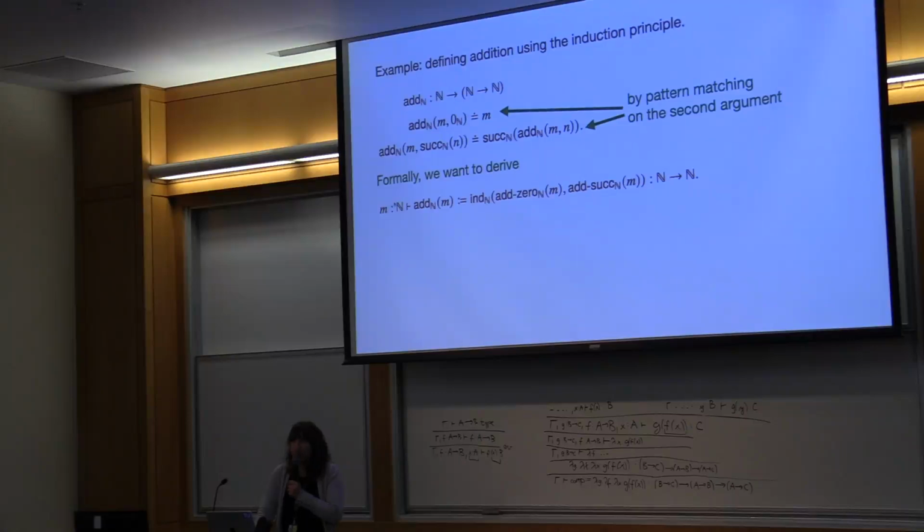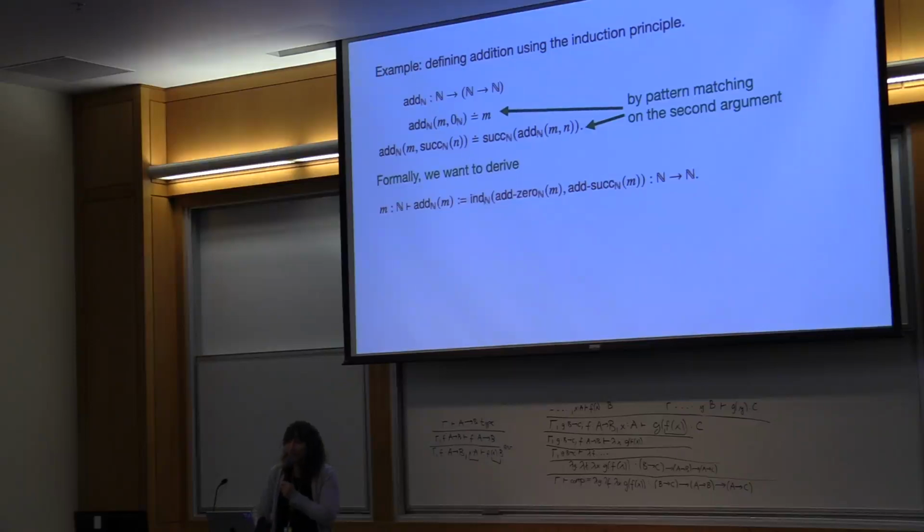So in our induction rule, our gamma already has variable m in the context, and I want to define add of m to be here, look, a function from natural numbers to natural numbers. Usually when you think of addition, you think of applying it to two arguments and getting a natural number. But because we're doing it with the induction principle, we're actually getting a function that is dependent on the second argument.